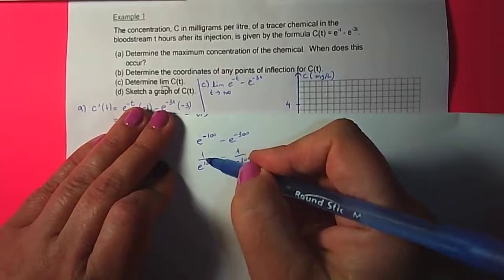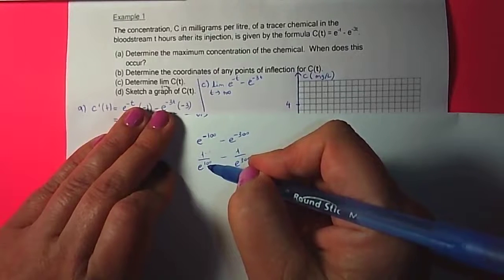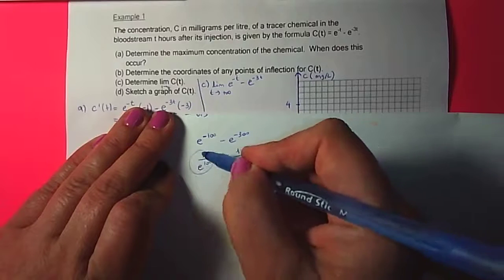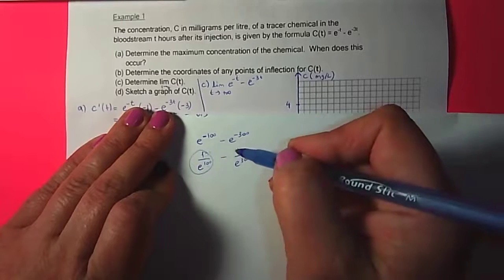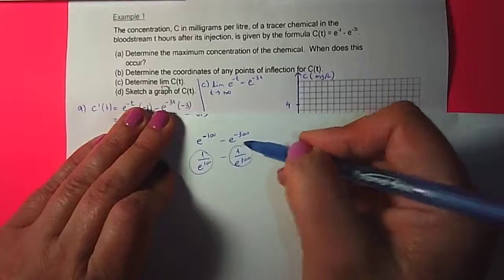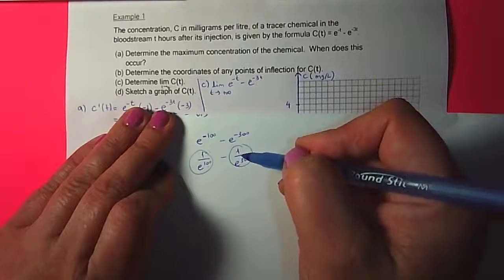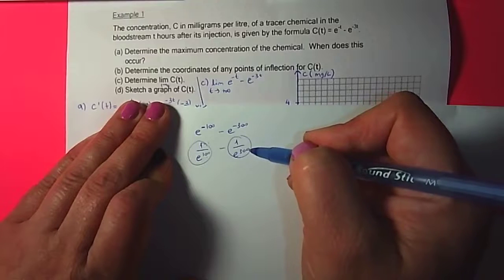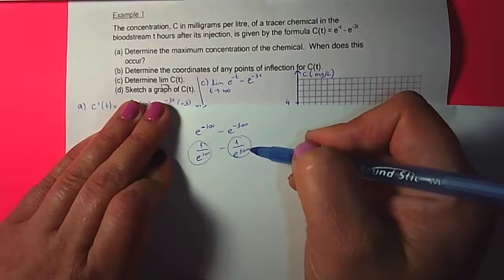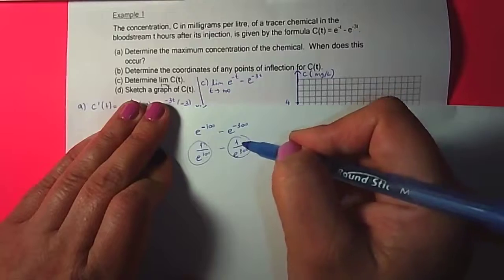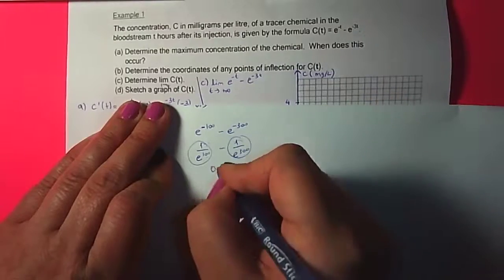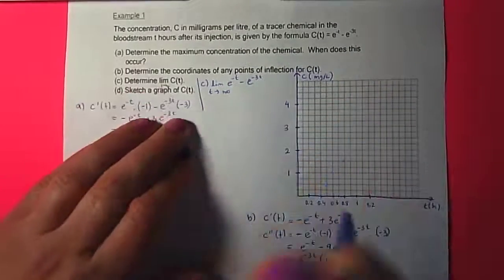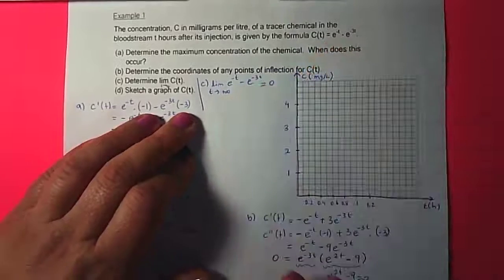As you see, you are dividing 1 by a very big number, so the limit is almost 0, so it is 0. The second part is the same thing, a very, very small positive number, almost 0. So the limit of this is 0. 0 minus 0 gives you 0. So this limit is 0.